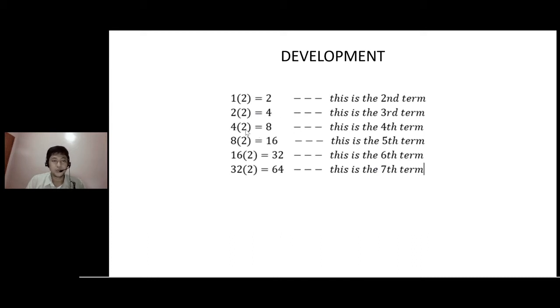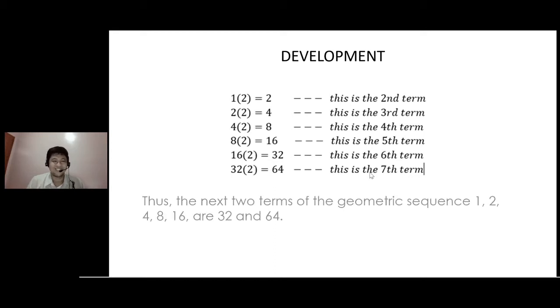Then 4 times 2 will give us 8, our fourth term. 8 times 2 will give us 16, our fifth term. 16 times 2 will give us 32, our sixth term. Then 32 times 2 is equal to 64, the seventh term. So thus, the next two terms of the geometric sequence 1, 2, 4, 8, 16 are 32 and 64.